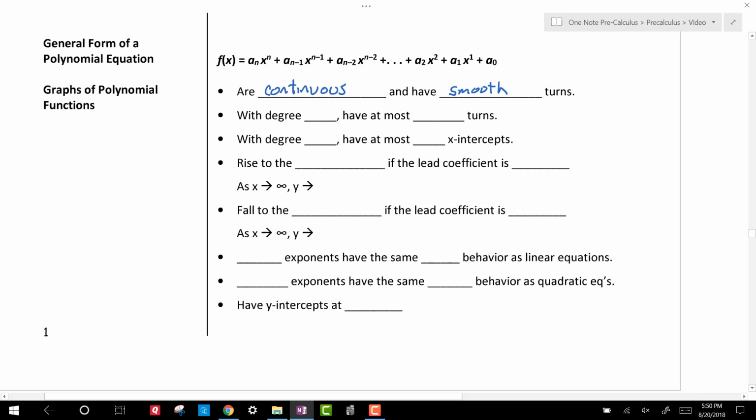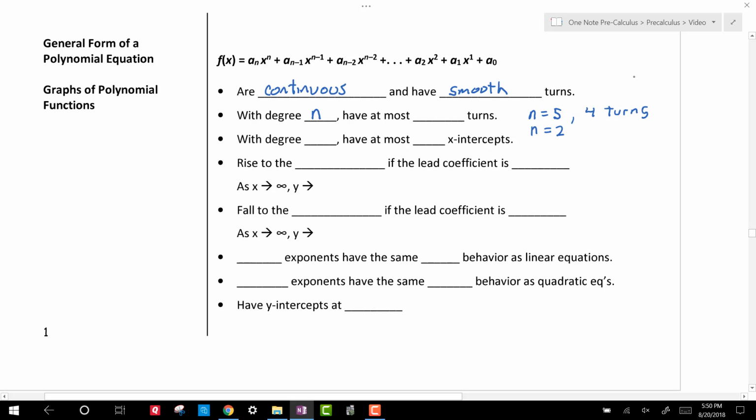If they had a degree of, let's say, n, so let's just say n equals 5, then our graphs showed 4 turns, a maximum of 4 turns. If n was equal to 2, this would be an instance of a quadratic.